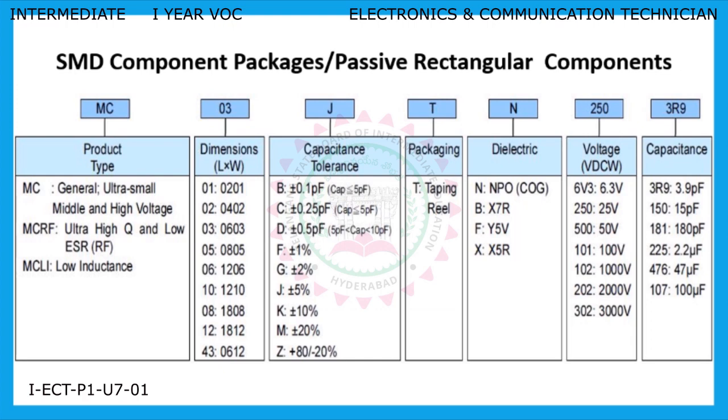The code is used to indicate the product type and the dimensions of the package, length into width, and the capacitance and the tolerance of that package, and packaging type, and the dielectric used, and the DC working voltage, and the value of the capacitance. So all these codes are indicated in this table.